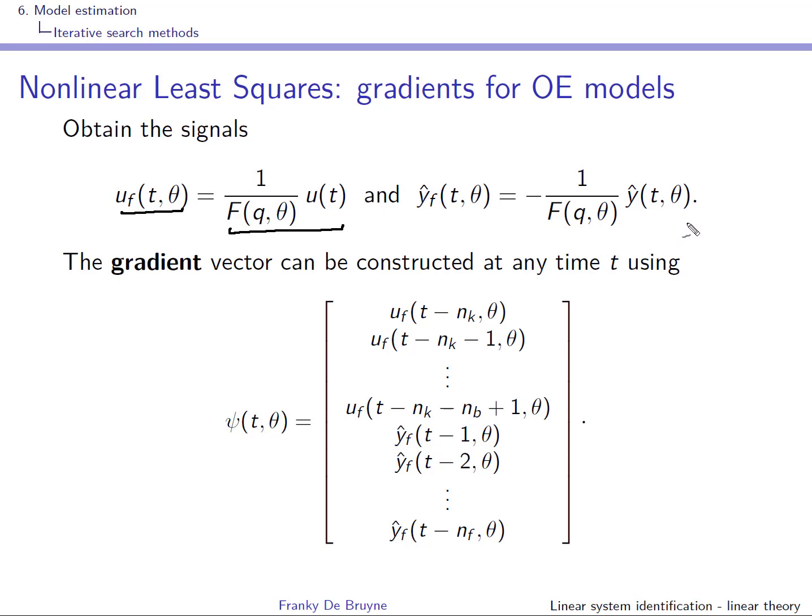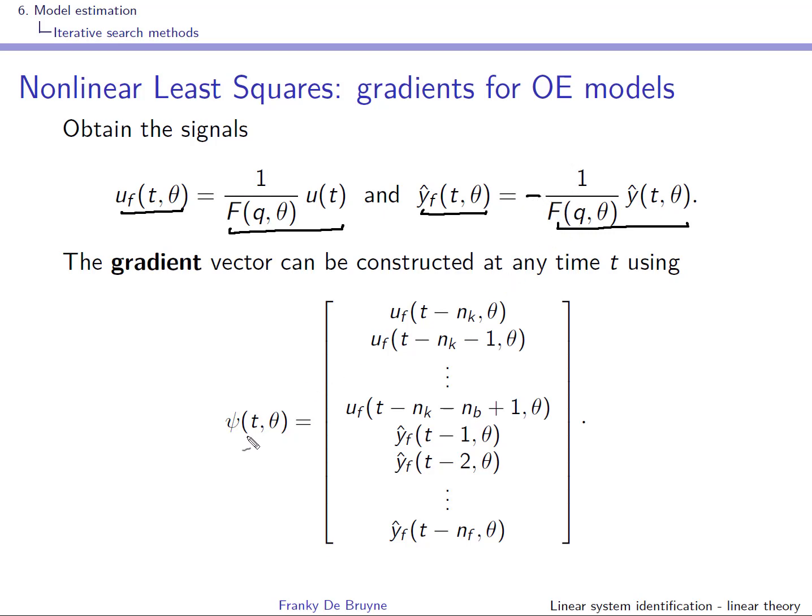And the partial derivatives of the one step ahead prediction with respect to the f's involves filtered versions of the one step ahead prediction, and it's again this 1 over f. Don't forget that there is a minus sign over here, and this signal, we'll call it yf hat. It's the one step ahead prediction filtered by minus 1 over f.